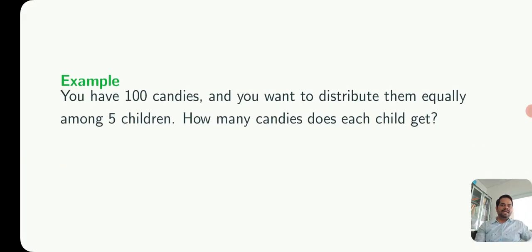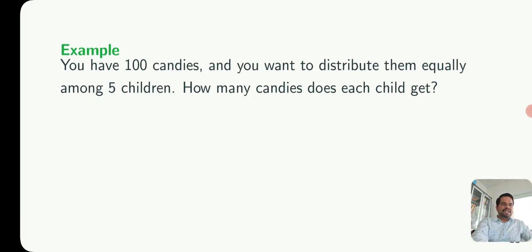This is the statement. You have 100 candies and you want to distribute them equally among 5 children. So how many candies does each child get? Look at here the solution. We denote A as the set of 100 candies and K represents the number of candies each child gets.